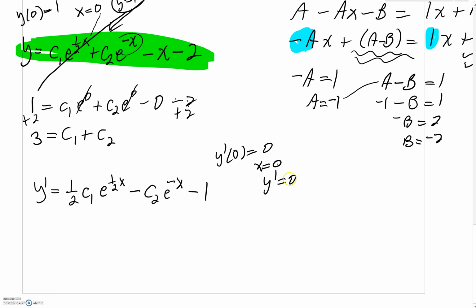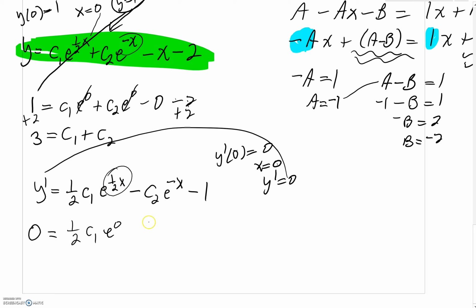So plug that in. We're going to say, look, your left-hand side now is a 0. Take a look at your right-hand side. E to this 0, hey, that's just going to become a 1, isn't it? And just like that, things are going to clean up in a hurry. Tell you what, I'm going to add a 1 to this side real fast.